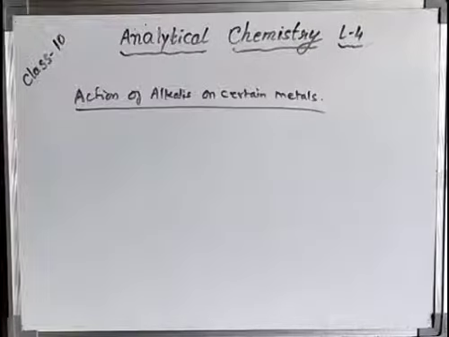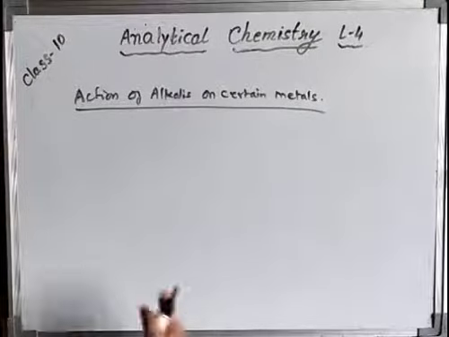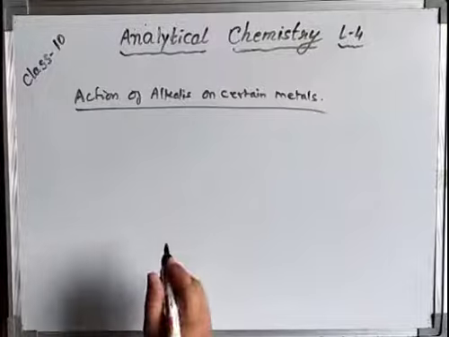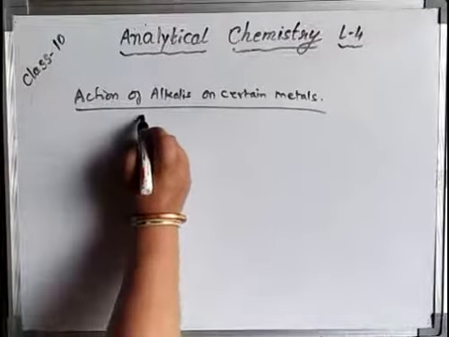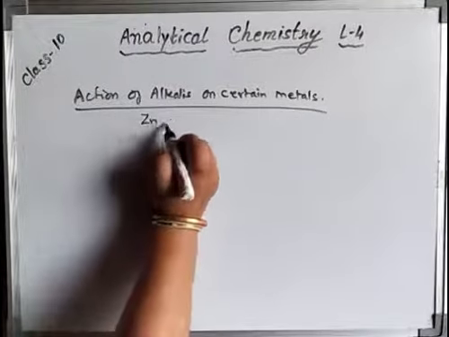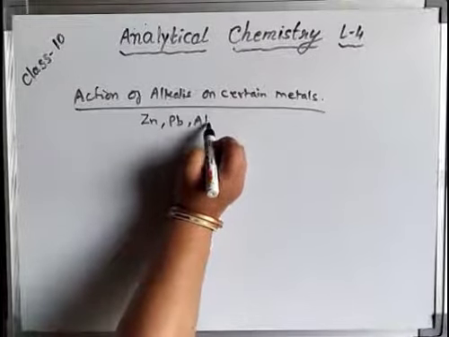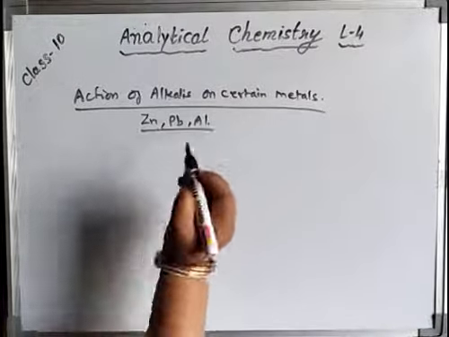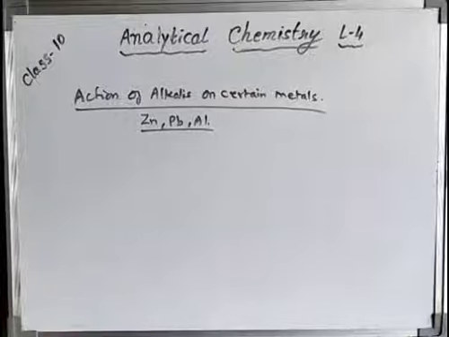The next topic we will discuss is the action of alkalis on certain metals. Which are the metals we are going to discuss in this? Zinc, lead and aluminium. Why are we telling this? Because you know they are amphoteric in nature. These are the metals which react with both acid and base to give salt and water.